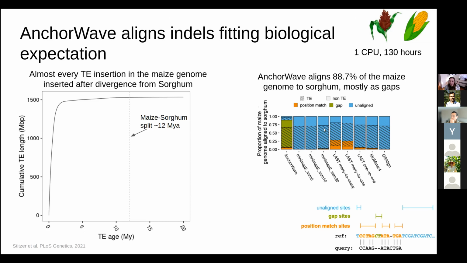Whereas for this last alignment, a large proportion of the position match sites are actually in TEs. And so we think that these are false alignments, where last is aligning a TE to a TE somewhere else in the genome that it really shouldn't be aligned to. And so again, this is kind of our negative control telling us that AnchorWave is right in that spot that we trust, based on these biological expectations for thinking about alignments between maize and sorghum.